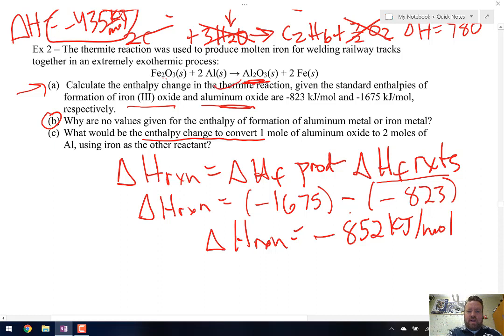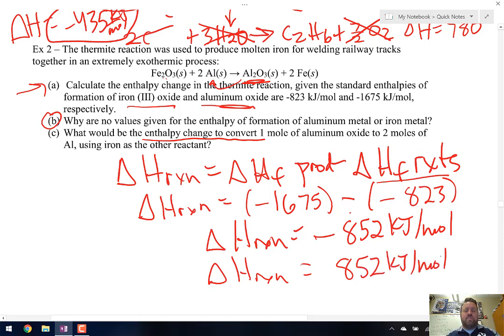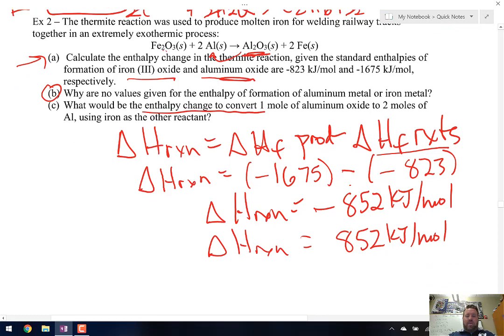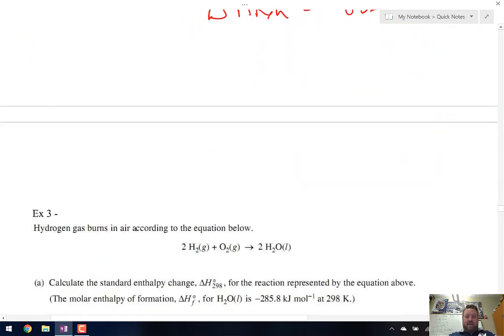We're going to convert this to aluminum using the iron as the other reactant. So basically they're saying, what if we flip that equation? If we flip that equation, what would the enthalpy change be? Well, we know that if you flip the equation, you just flip the sign of the enthalpy change. So it would just be 852 kilojoules per mole, and obviously that's a positive value rather than a negative value.